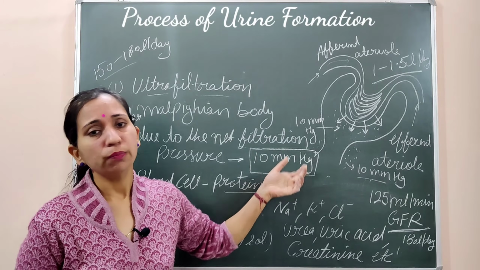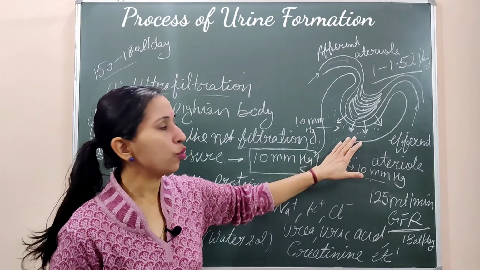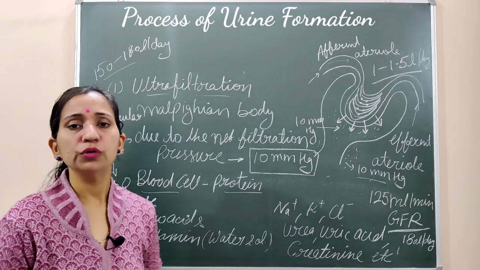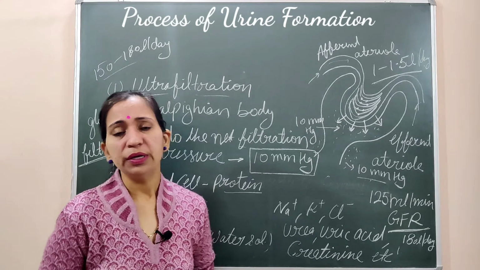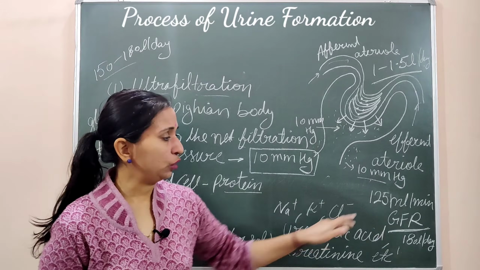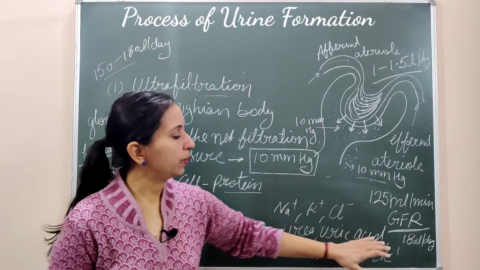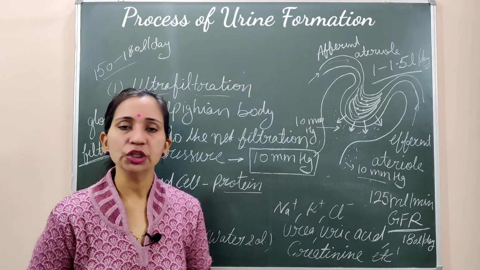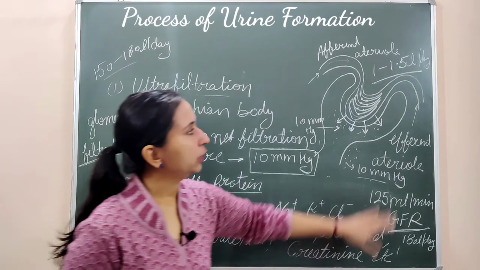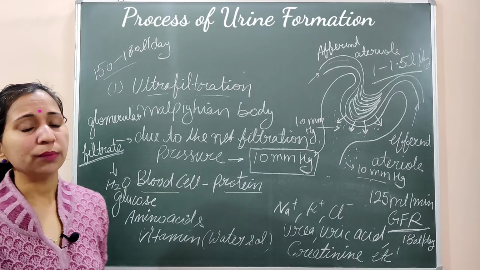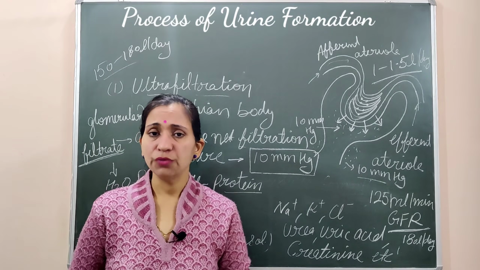Through this pressure, the blood gets filtered out and the glomerular filtrate is formed. The amount of the glomerular filtrate formed by the kidney per minute is known as GFR, and the value of GFR is 125 ml per minute. Overall per day अगर हम देखें तो इसे 180 liters per day. It's very much more than the urine which is excreted from the kidney. So now we will discuss the next step which is known as selective reabsorption.